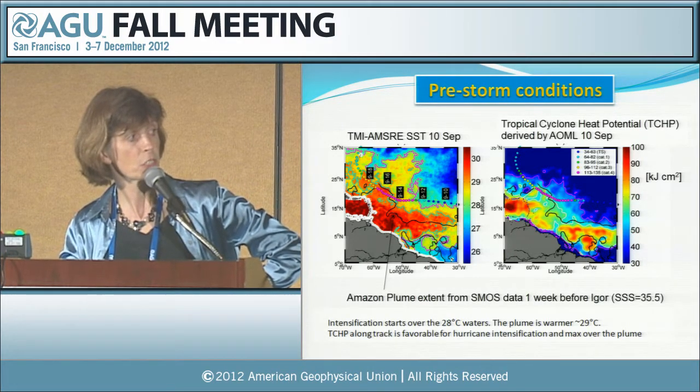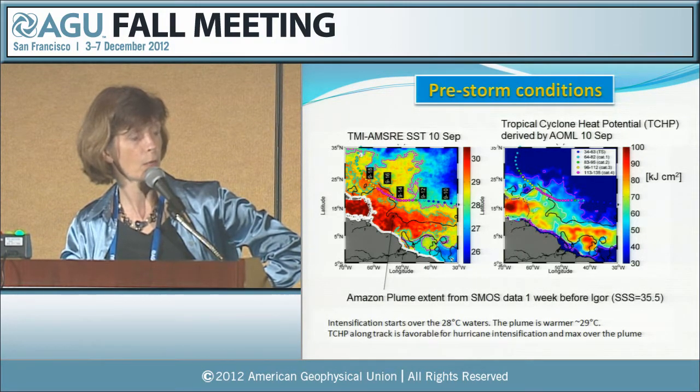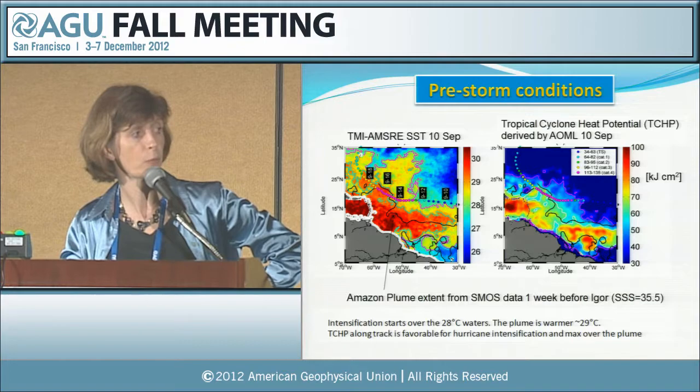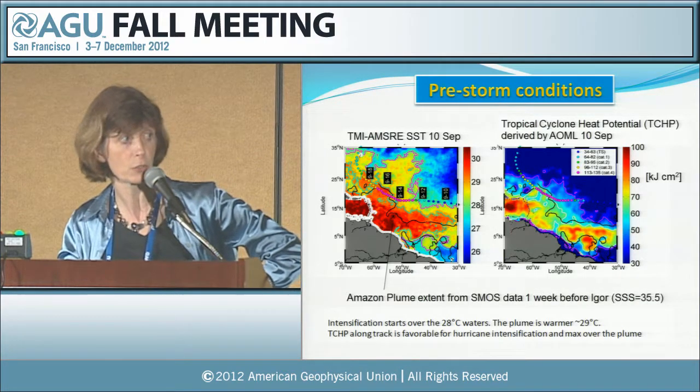The intensification of the tropical cyclone starts over waters warmer than 28 degrees, and in that case the plume water was 29 degrees, so really the conditions are favorable for hurricane intensification over the plume.